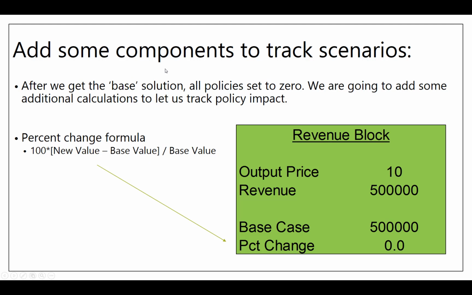Now we're going to add some components to those blocks to track scenarios. So you can see I've already run one solution in my spreadsheet to get these examples where I had 10 and 50,000. If you open the spreadsheet, it'll be blank.